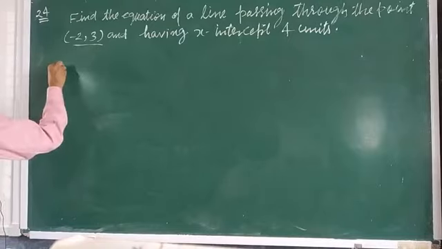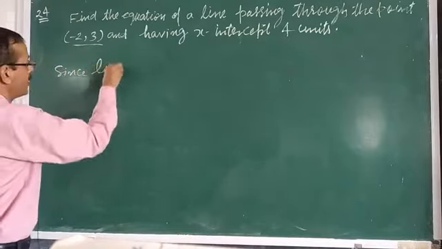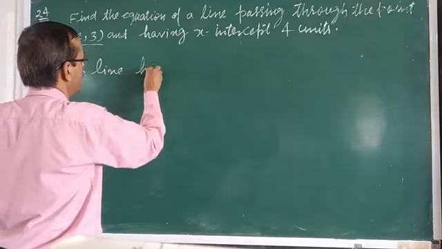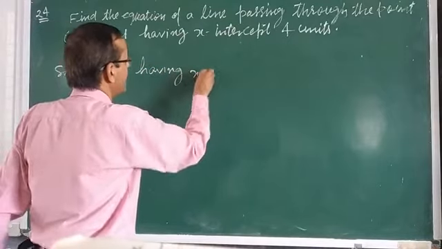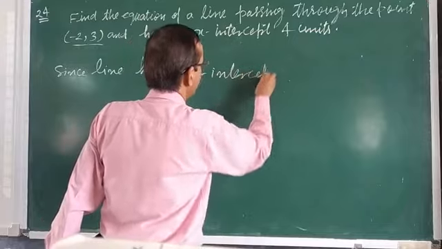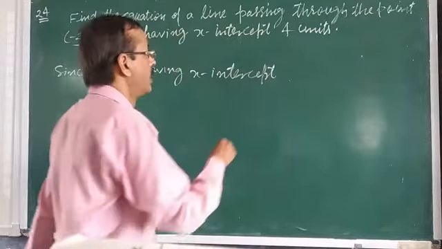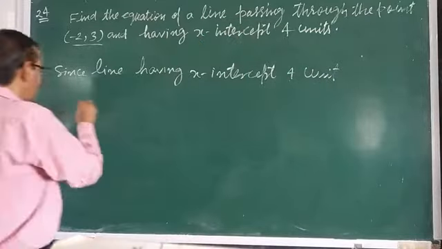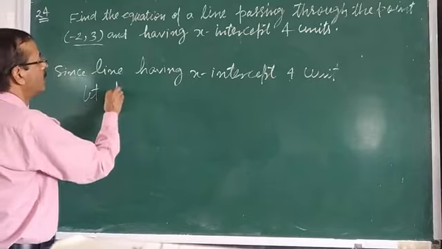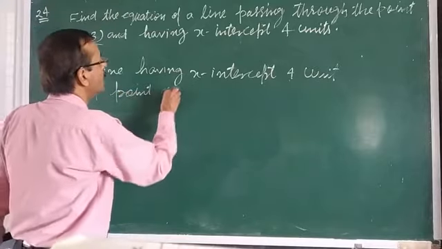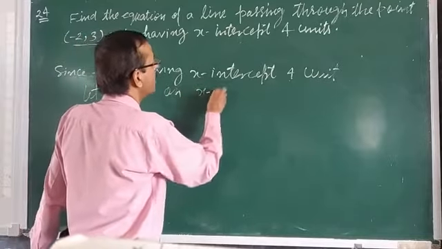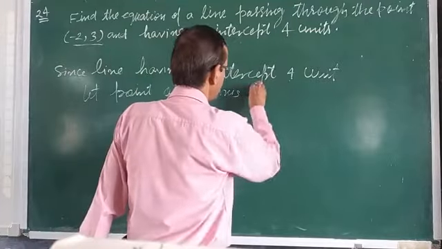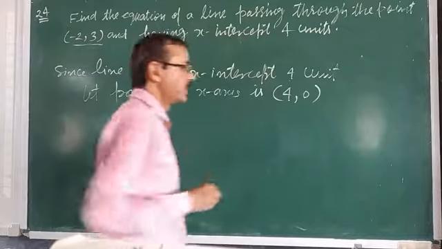Since the line having x-intercept 4 units, so let the point on the x-axis be (4, 0).